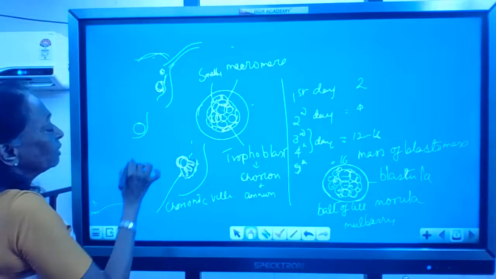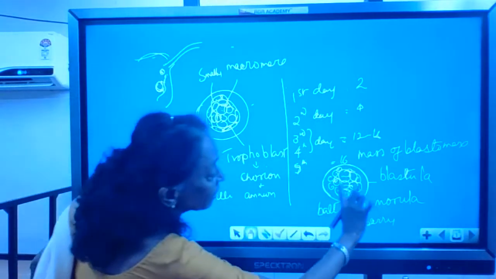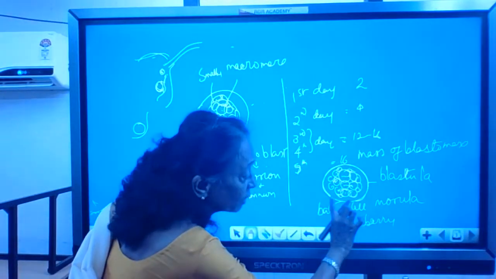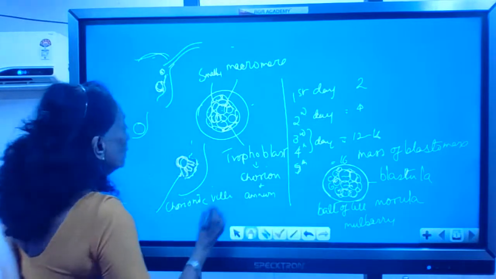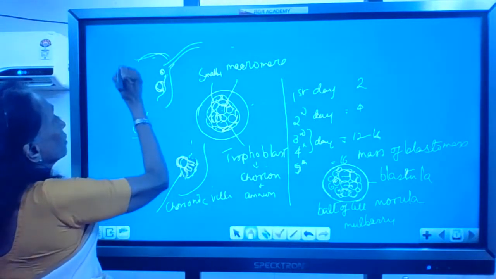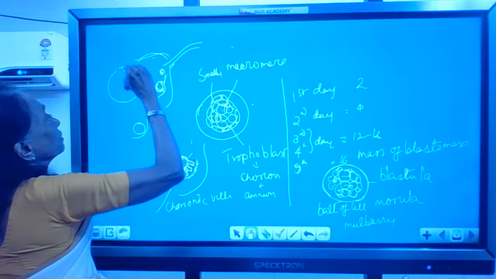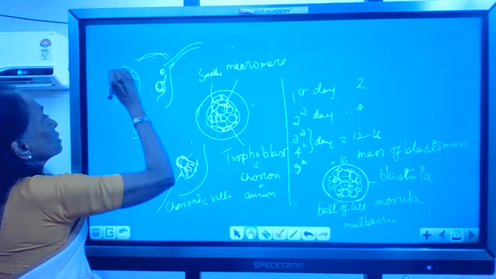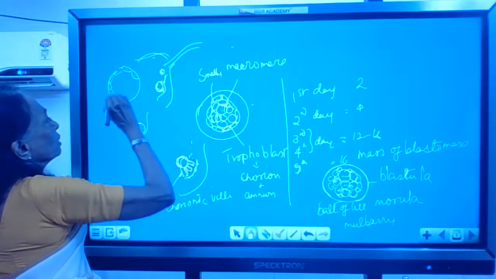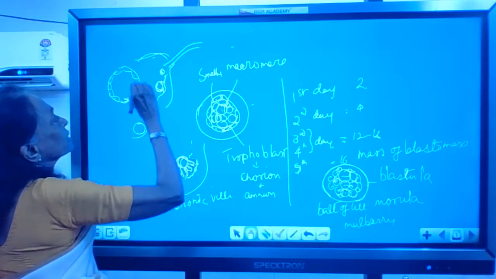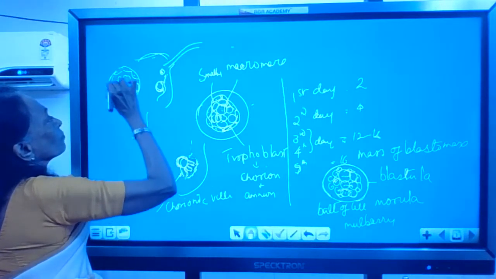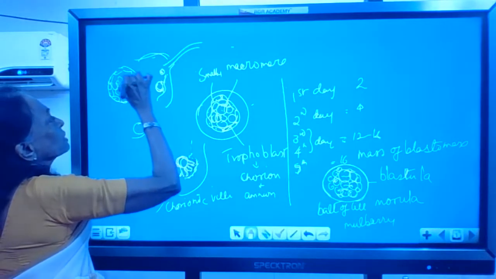This morula has the inner larger cells and the outer smaller cells, the trophoblast. The trophoblast cells are smaller and outside, and the inner cells are the larger cells inside.